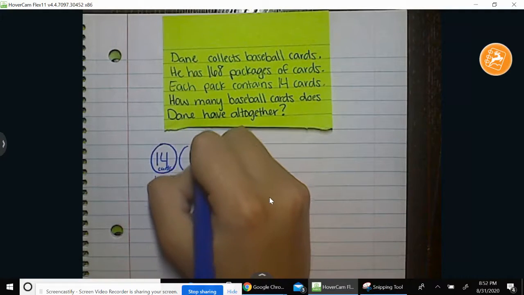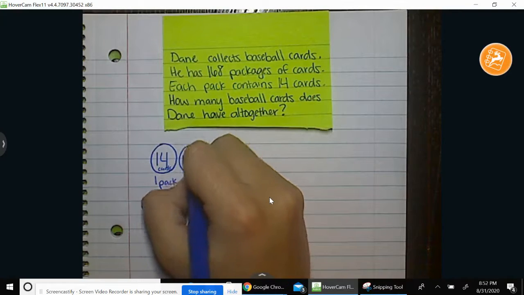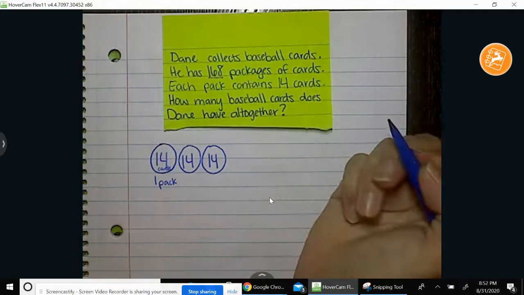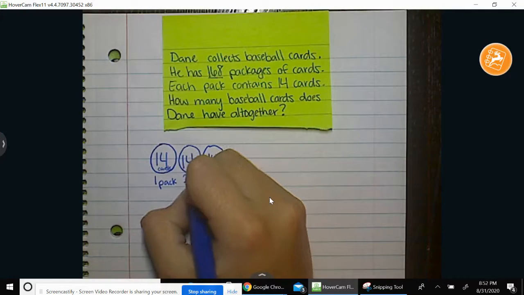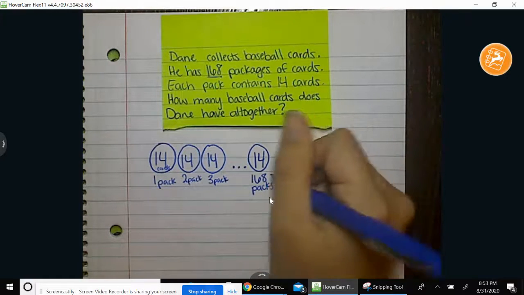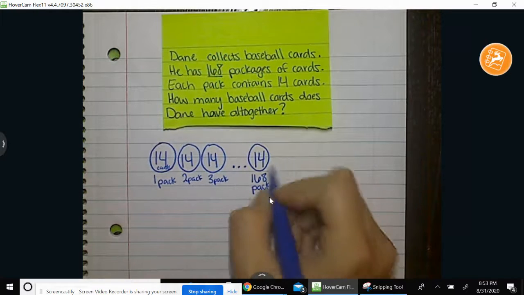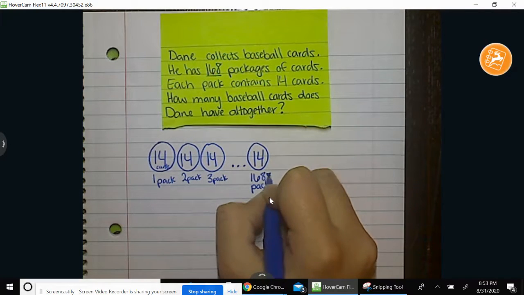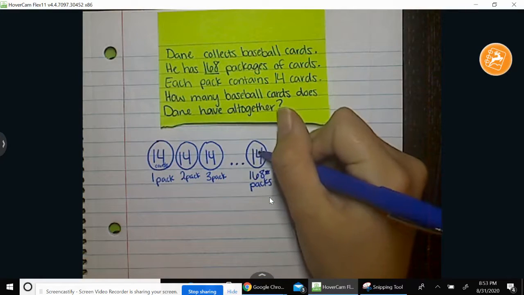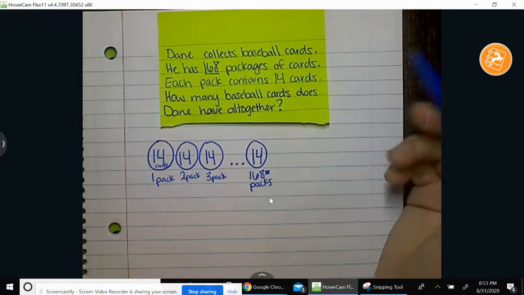Now I'm not going to draw them all out because I would have to draw 168 packages, and I do not have time to do that. What I can do is put an ellipses and put how many total packs there were, or how many packs he had altogether, and the same number in each because we have equal groups.